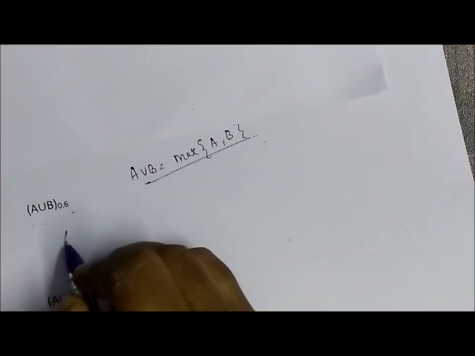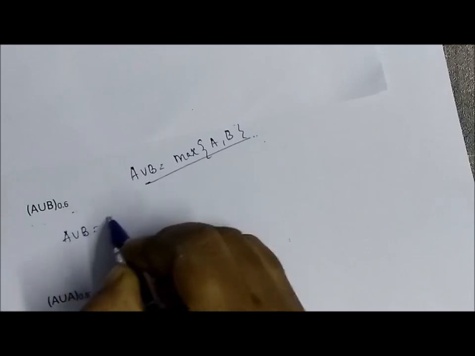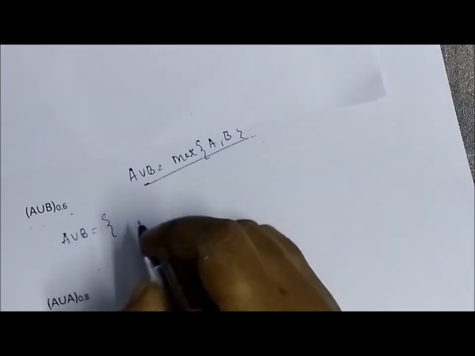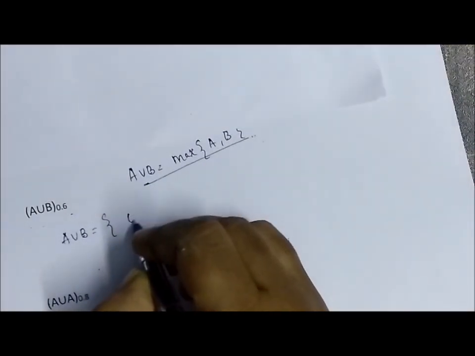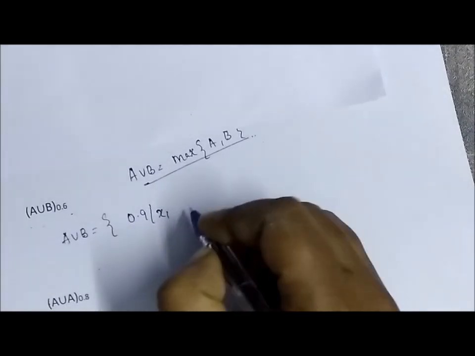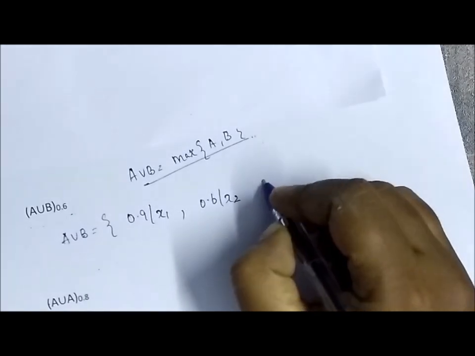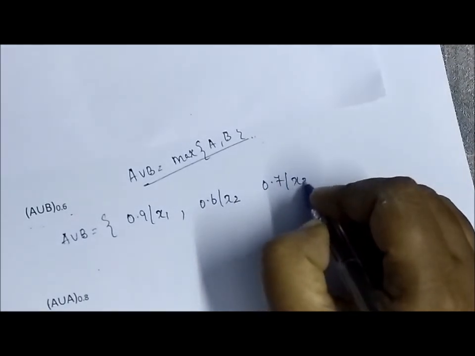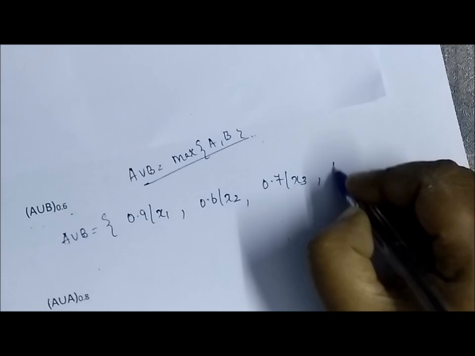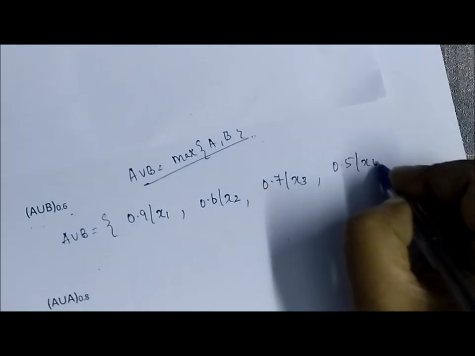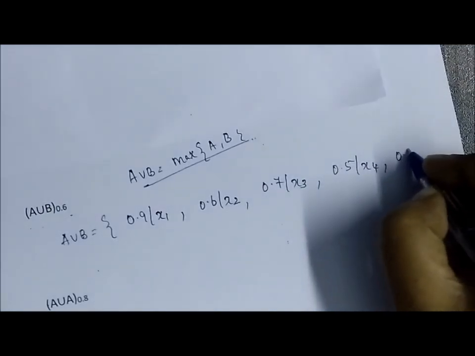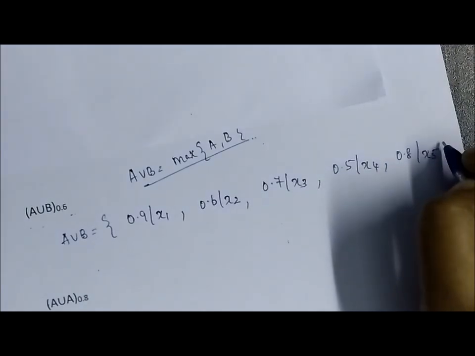First we'll write A union B. So A union B will have 0.9 for x1, 0.6 for x2, 0.7 for x3, and 0.5 for x4, as well as 0.8 for x5.